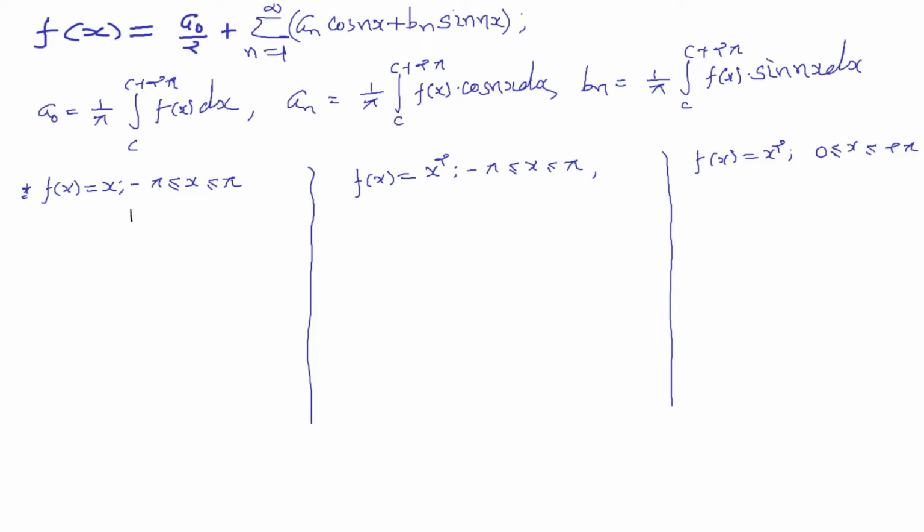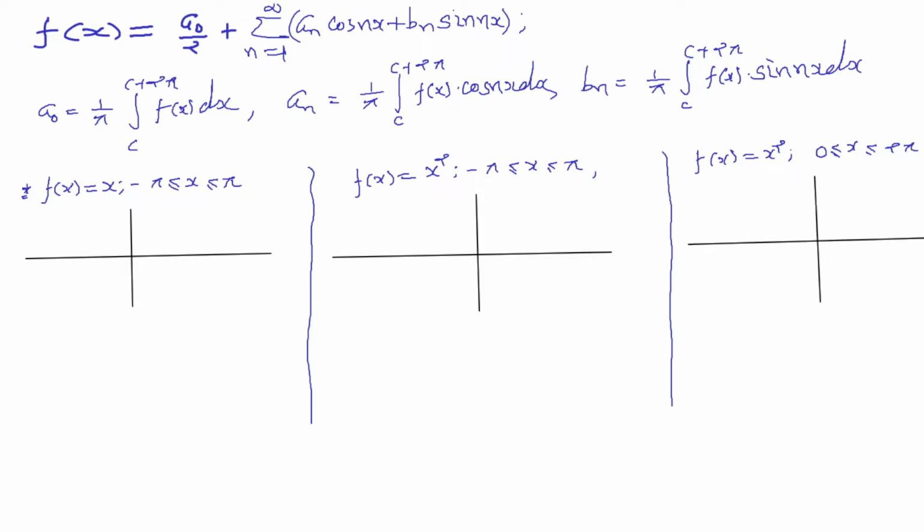If we draw the function f of x equal to x, and again x square, let us try to draw these three functions. This is y, origin, and x axis. Minus pi to pi f of x equal to x, so say this is minus pi and this is pi, right?